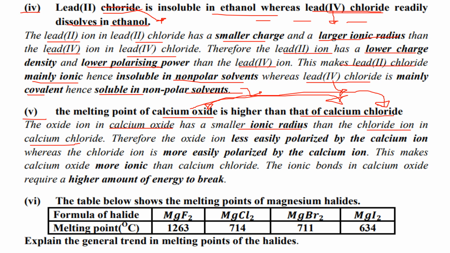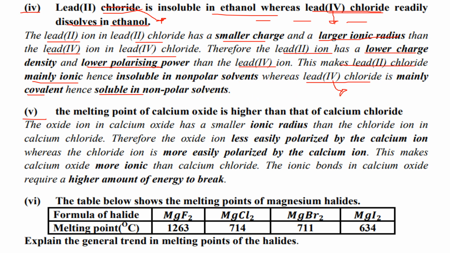So since calcium oxide and calcium chloride vary in the anions, we are going to be explaining in terms of the factors affecting the ease by which the electron cloud on the anions can be distorted. And to do that, we are going to explain in terms of the ionic radius of the respective anions. So we're going to say that the oxide ion in calcium oxide has a smaller ionic radius than the chloride ion which is present in calcium chloride.